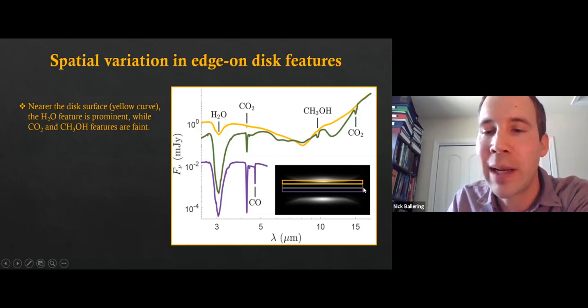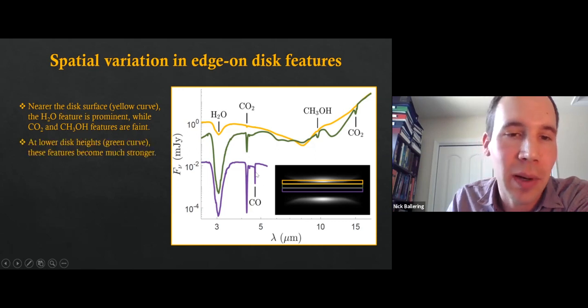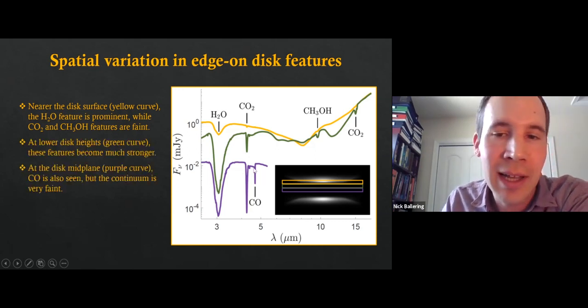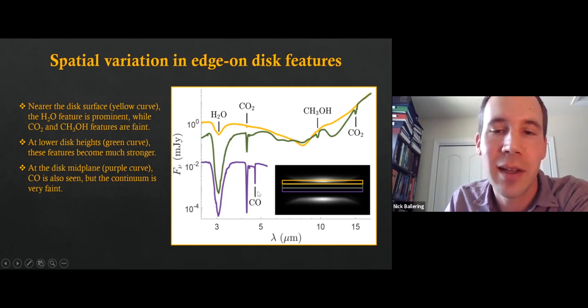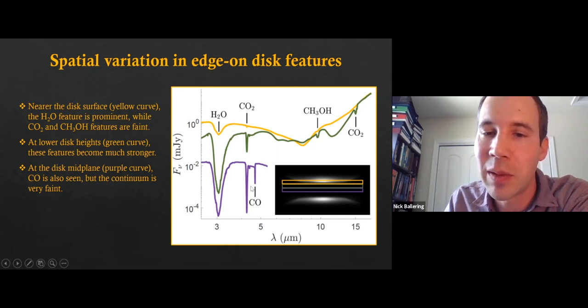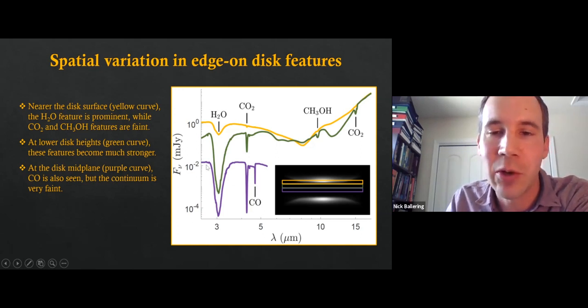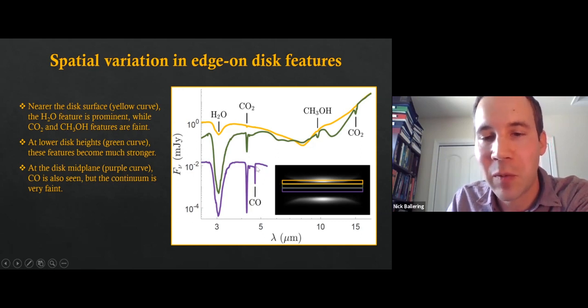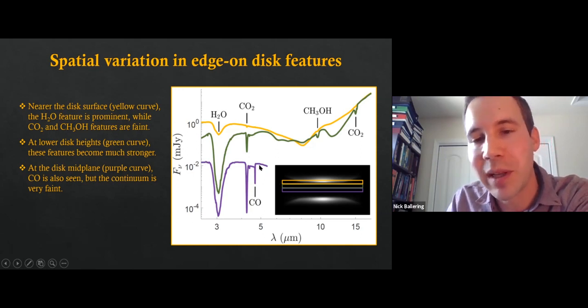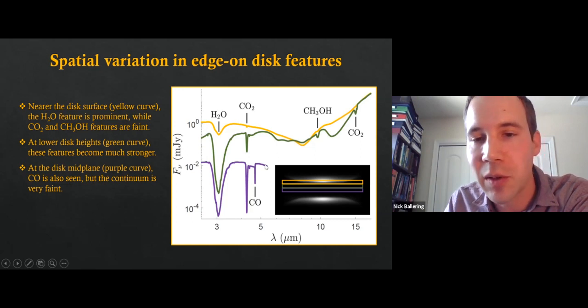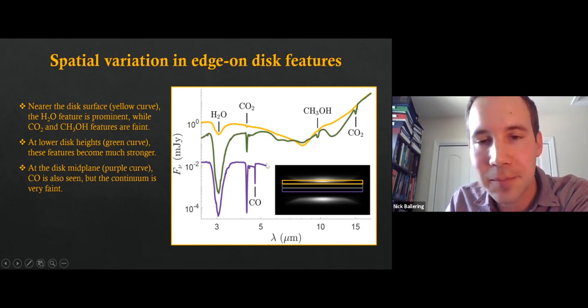And if we put an aperture right at the midplane, we get this purple curve, which again shows these strong features. In addition, we pick up features like CO, which we know exists closer to the midplane. So these features are seen in the model, although the overall continuum, if you were to try to extract a spectrum from the midplane, is a couple orders of magnitude fainter. So that would likely be very difficult to do in practice.